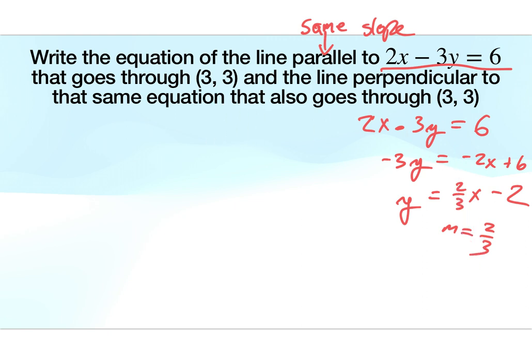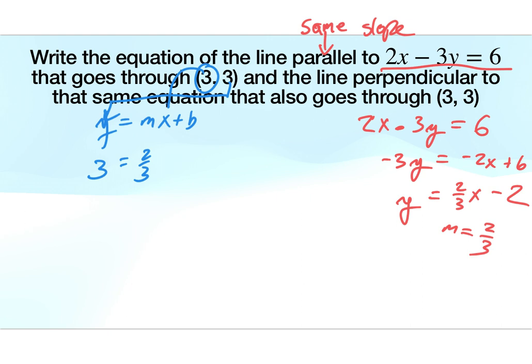If it goes through (3, 3), I'm going to write y equals mx plus b. I'm going to put in what I know. This is y, the y variable. The slope is 2/3.